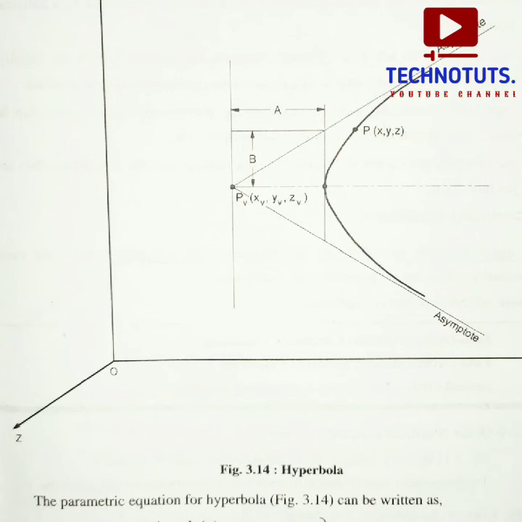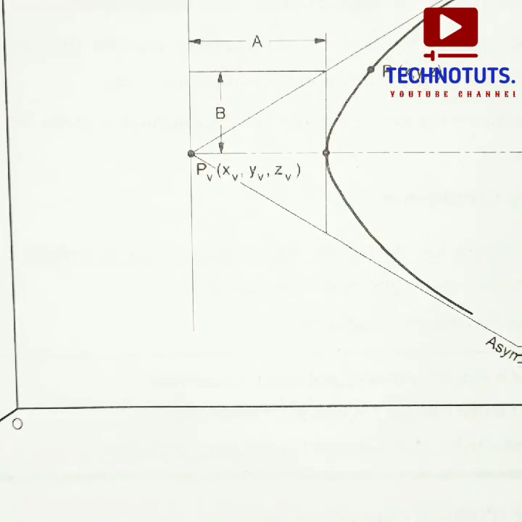Here you can see in the figure that capital A is the distance of vertex point PV to the point on the hyperbola, making the horizontal distance. And capital B is the distance when the two tangents are drawn to the hyperbola's asymptotes.